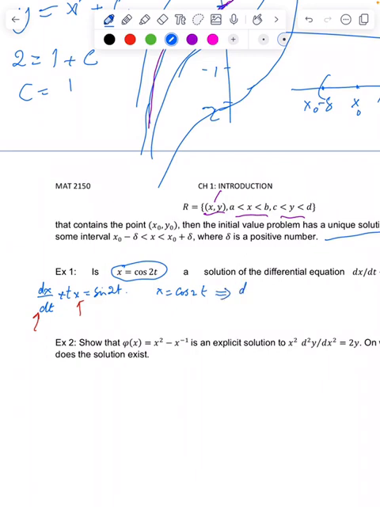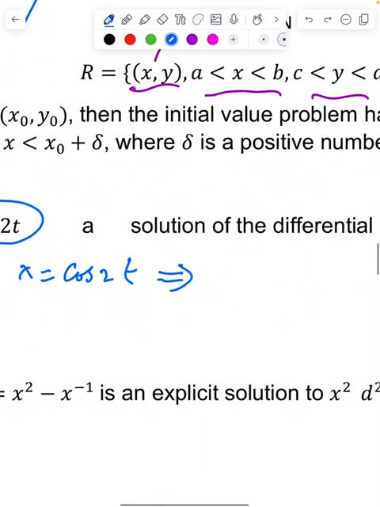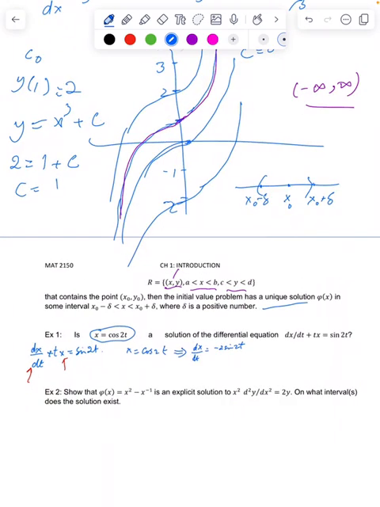So this gives me dx by dt is equal to minus 2 sine of 2t. Okay, so this is the derivative.